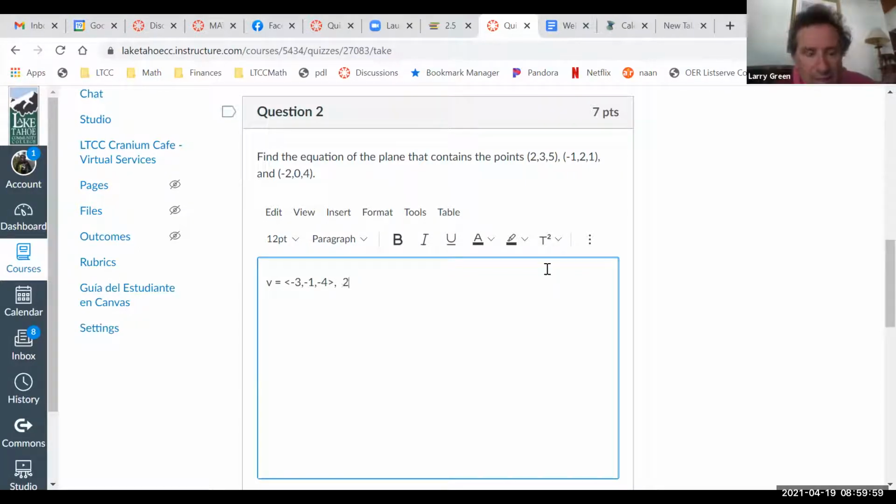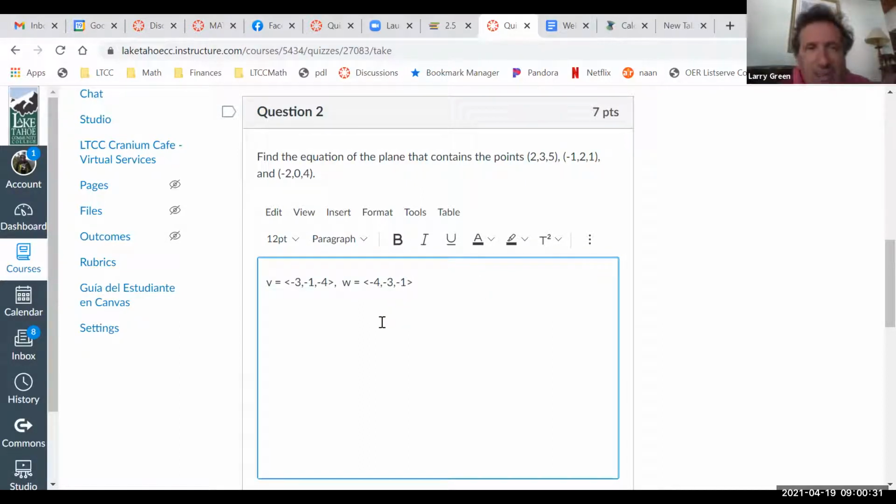And then w, another vector. Same idea, but instead of choosing the first 2 points, how about the first and the third point? Okay, as long as you choose different ones. You can't choose the first 2 twice. So then we take -2 minus 2 is -4, 0 minus 3 is -3, and 4 minus 5 is -1.